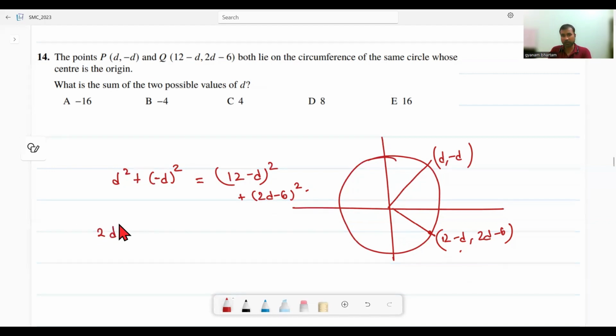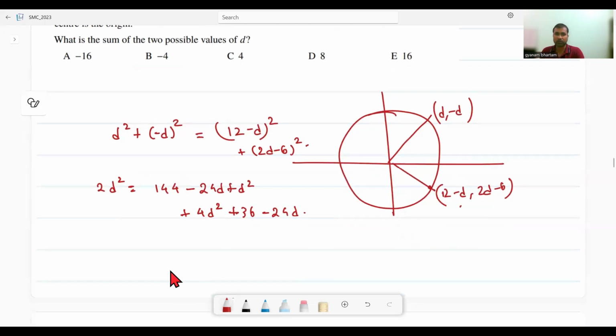So we get 2d square. On this side we have 144 minus 24d plus d square, and again we have 4d square plus 36 minus 24d. So d square cancels out and we get 3d square, and we have 24 and 24, so minus 48d. These two are done. Plus 144 plus 36 is 180.